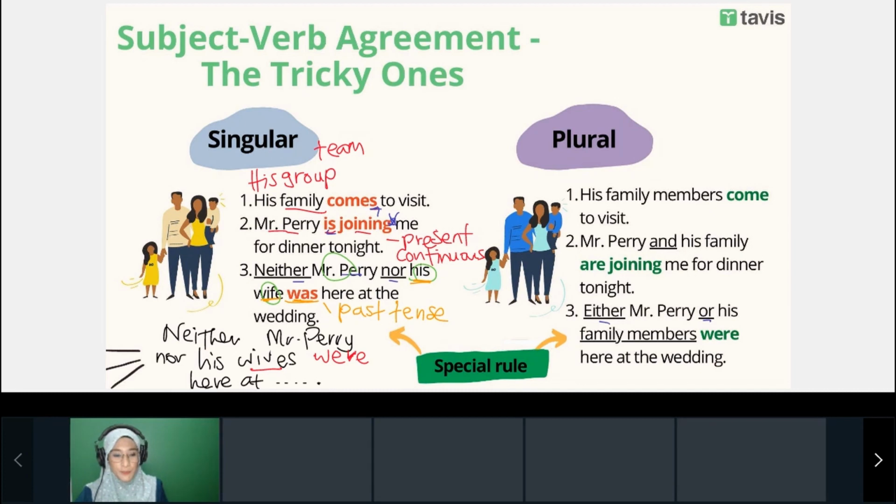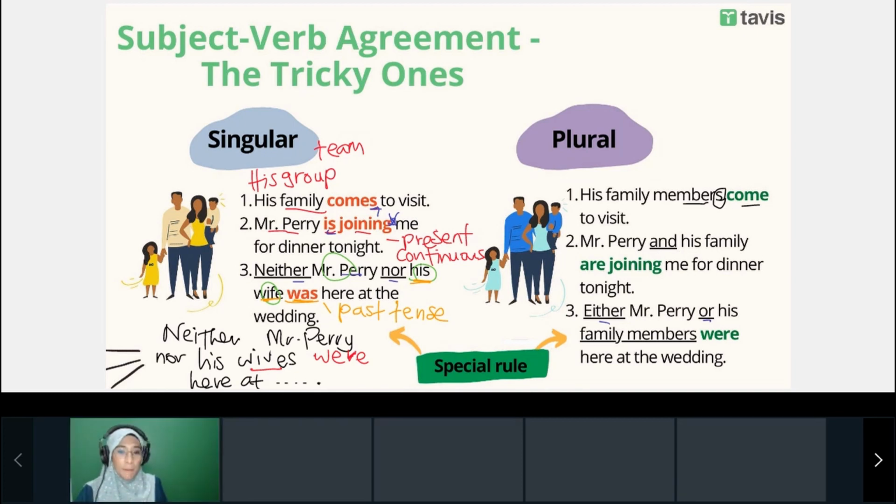I hope so. Okay, now moving on to this one here, plural. His family members. Again, here is just family. But if you add on another word, which is members, more than one member, right? So members, then it becomes more than one family member, all right?